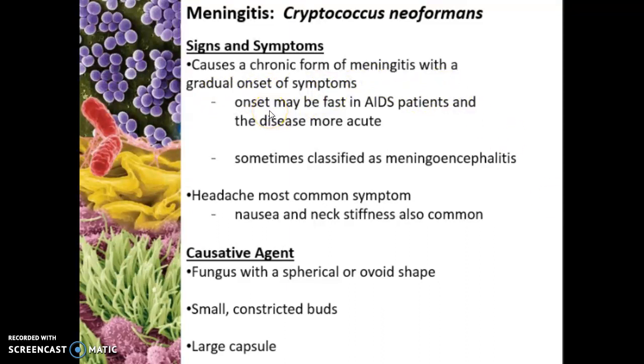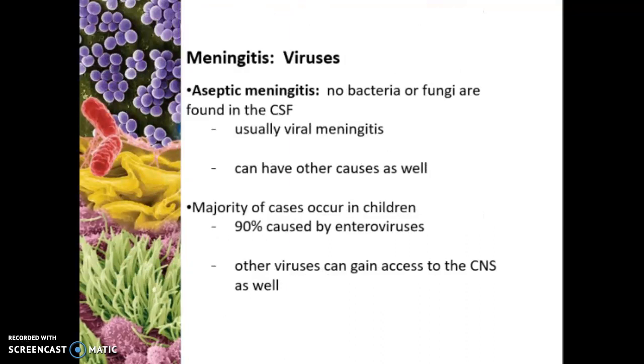But with AIDS patients, the onset can be very quick, and it's just like acute meningitis that you would see with bacterial infection. All right, headache is the most common symptom. Can be nauseous, neck stiffness, but this organism is fungal in nature and problematic in AIDS patients.